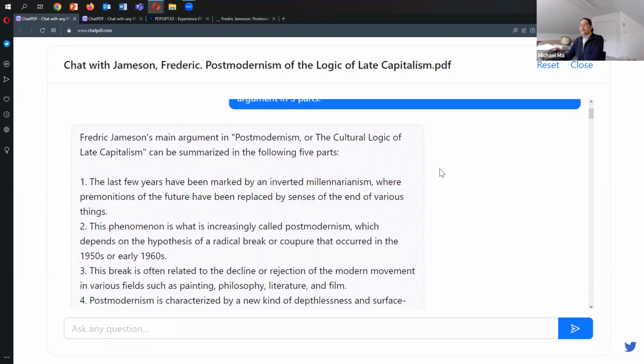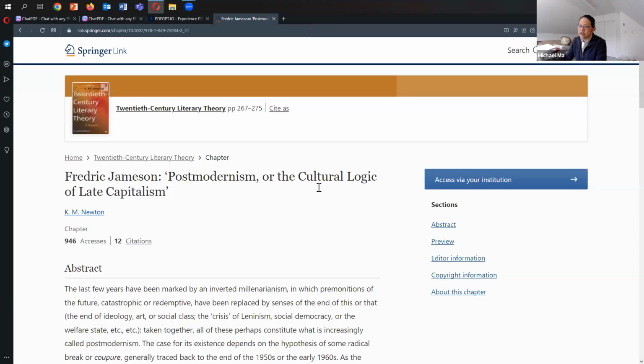And I have to say thanks to my brother-in-law, who pointed out that in fact this is plagiarized. This comes from an article by K.M. Newton called Frederick Jameson, Postmodernism or the Cultural Logic of Late Capitalism. It's a chapter in this guide called 20th Century Literary Theory.